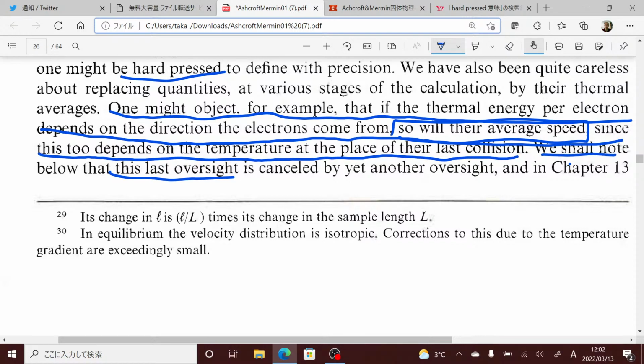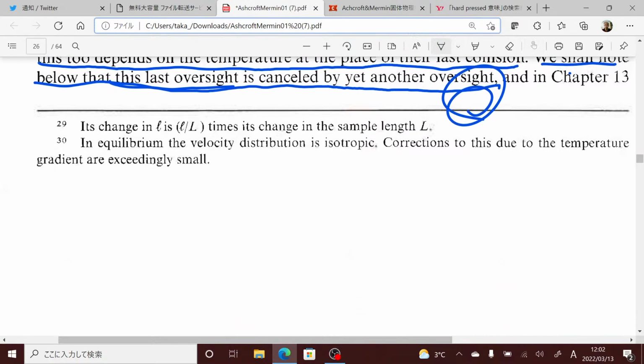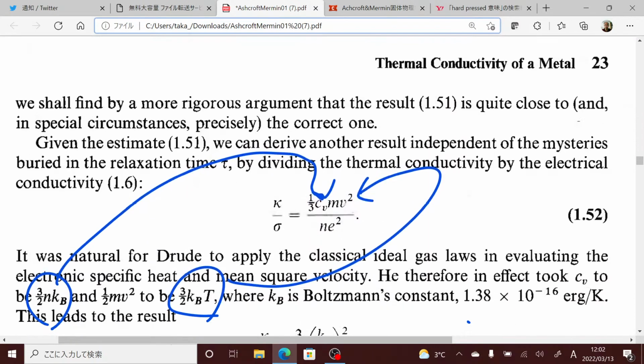And we shall note below that this last oversight is cancelled by yet another oversight, this part. This part is now explained.